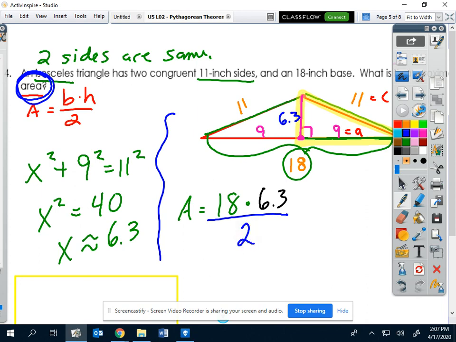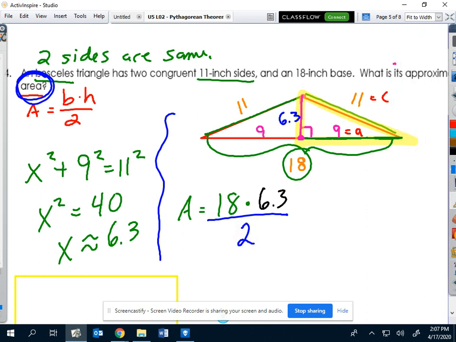If we plug this into our calculator, we multiply the top first if that's easier. So 18 times 6.3, divided by 2, and we're left with approximately 56.7 inches squared. It's inches squared because this is the area of our triangle.